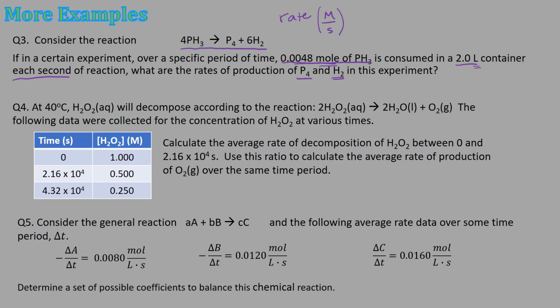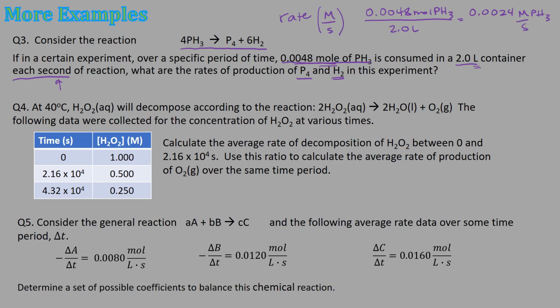So the molarity of PH3 is going to be 0.0048 moles of PH3 divided by every 2.0 liters. And so that's going to be 0.0024 molarity PH3. And that is changing every second. So that's my rate per second.